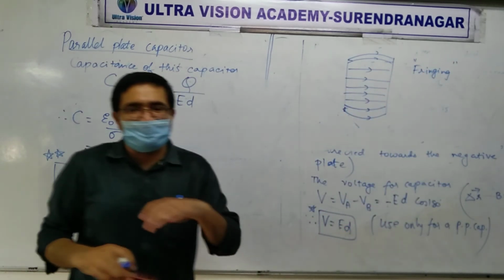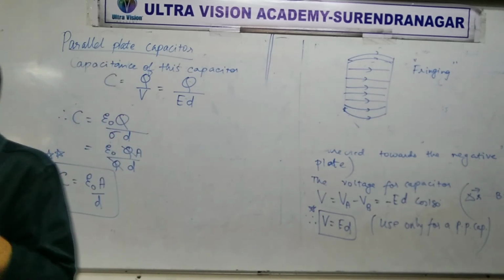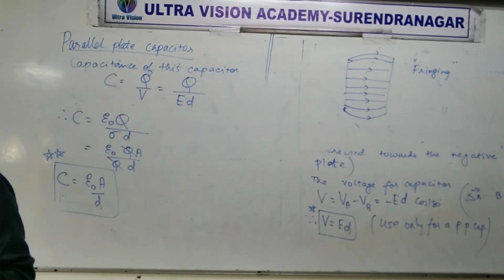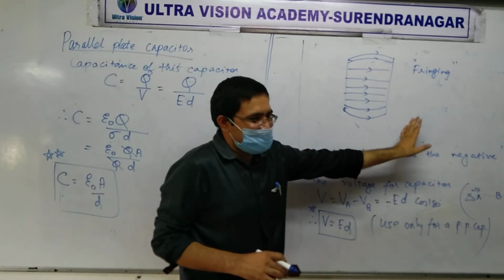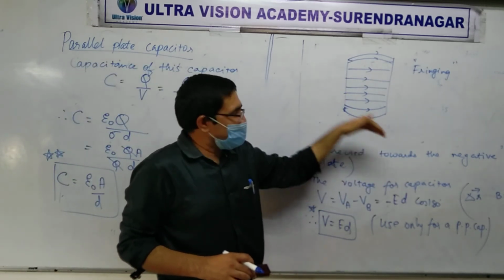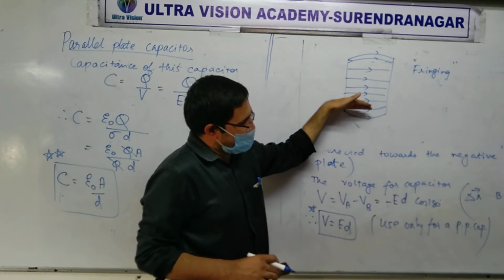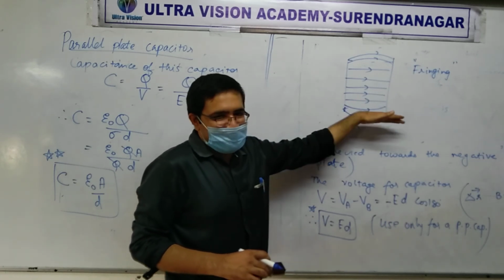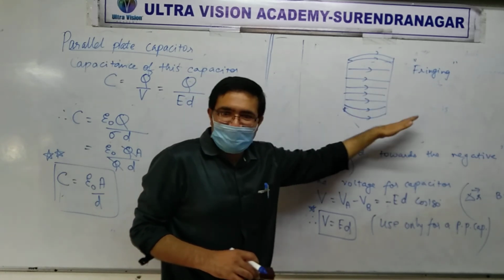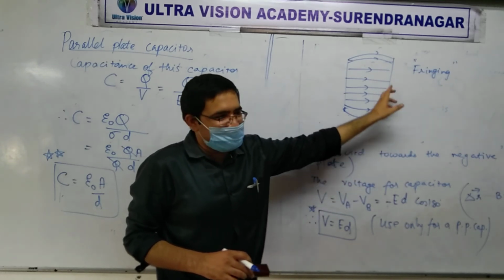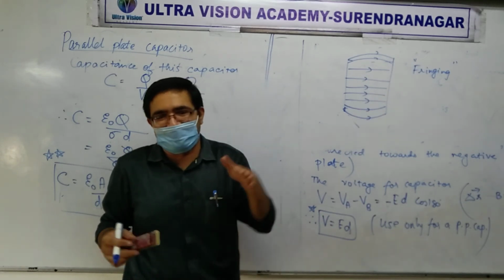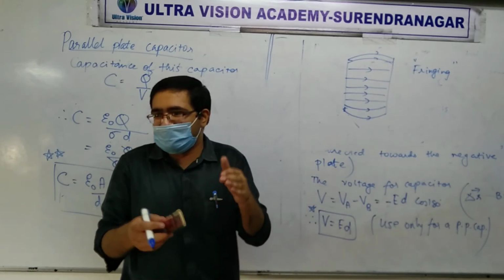A purely theory based question. They might ask you directly what is fringing. What is the meaning of fringing? Electric field lines at the end of the plate are not parallel to each other but they curve like this. If asked, draw the diagram and write that electric field lines at the ends are not parallel to each other but they curve.